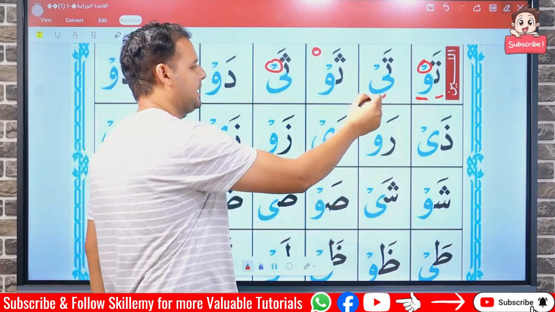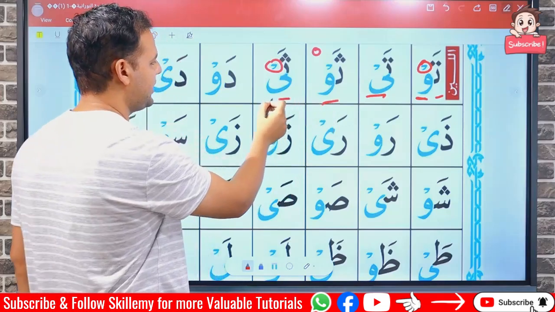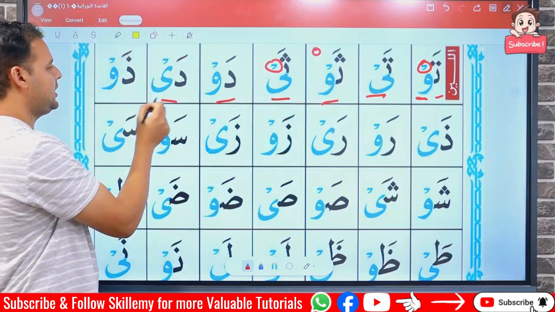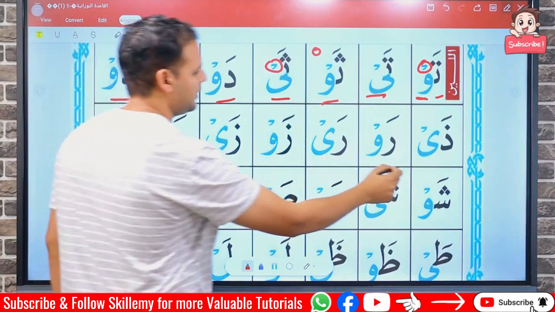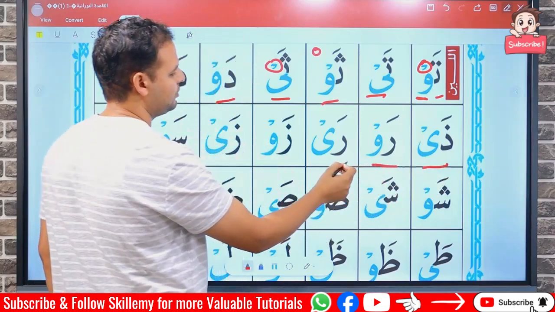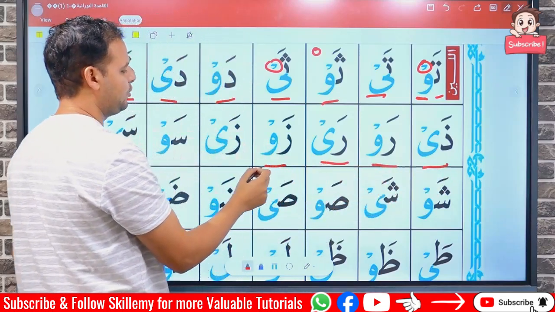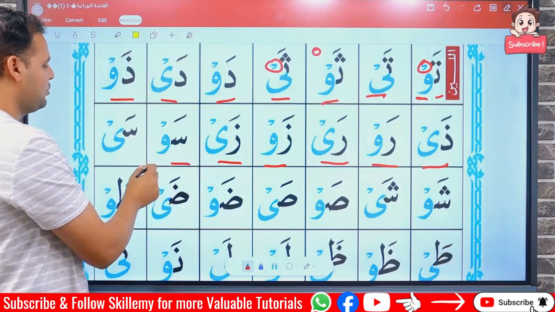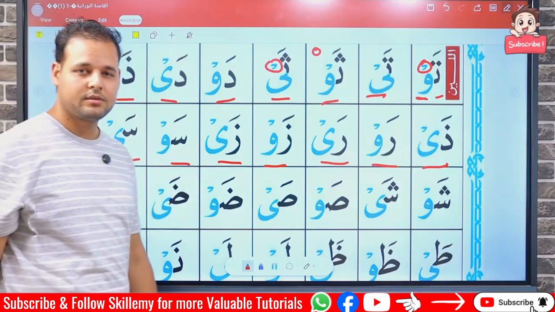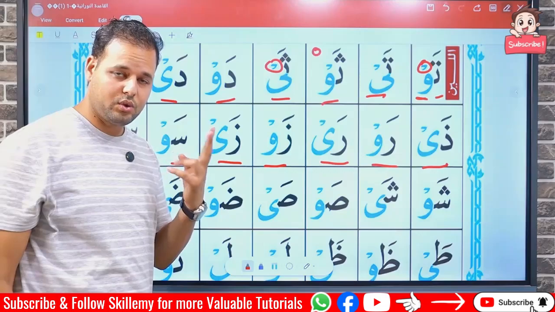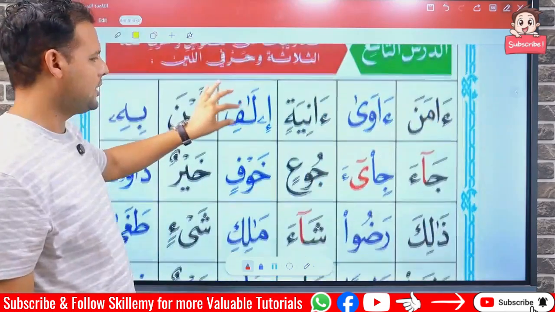Tau, tai, thou, they, row, rai, zau, zay, so, say, and so on. Two letters, one sound.